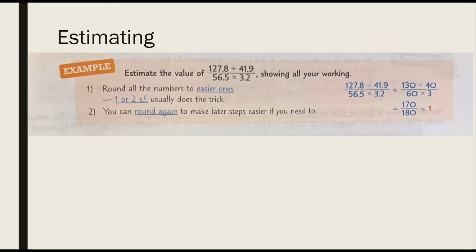You want to round to the nearest 10. So in this example, it's 130 plus 40 over 60 times 3 instead of the first calculation. It makes it look a lot neater. So 130 plus 40 is 170, and 60 times 3 is 180, so 170 over 180 is approximately 1. Now that comes out to be a much easier result than what you would have got.